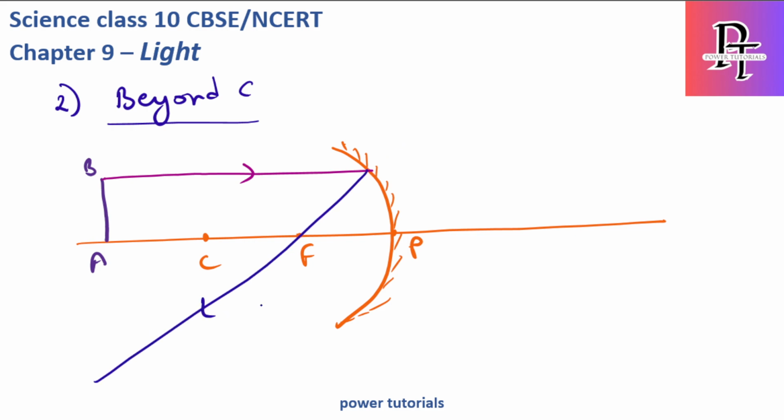This is the reflection. I'll take another line which is passing through center as another incident ray. If the ray is passing through center, what will happen? Through the center means it will get reflected in the same path. So this is the incident ray and this will be the reflected ray. It will be exactly the same.